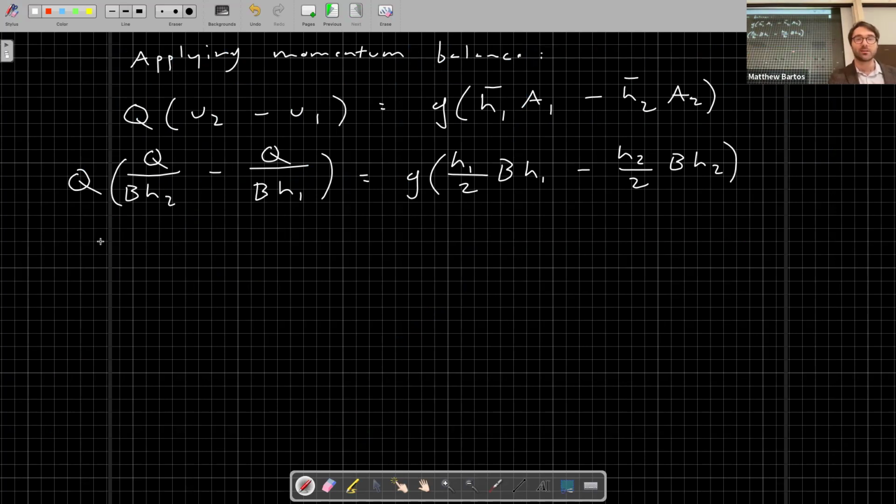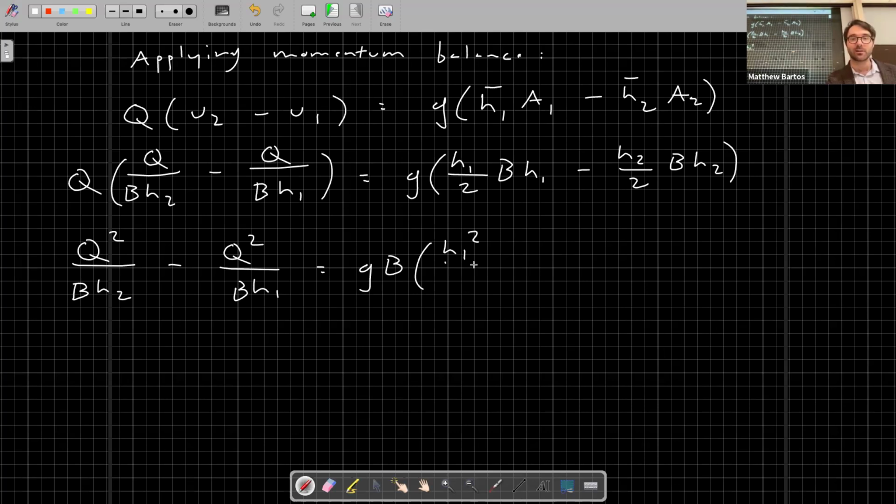Let's multiply through this discharge, so we'll end up with Q squared over BH2 minus Q squared over BH1 is equal to G. We can pull out this B, so we'll have GB times quantity H1 squared over 2 minus H2 squared over 2.